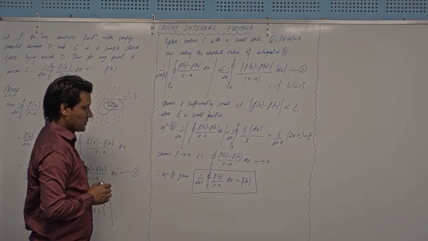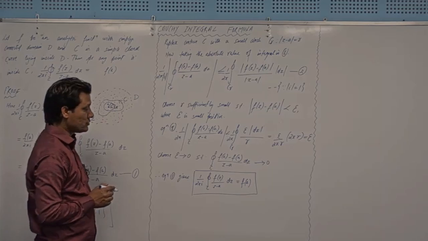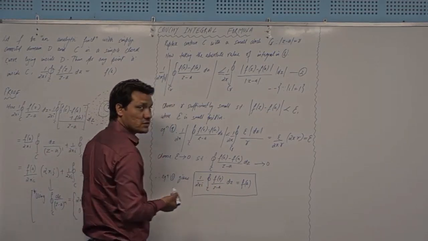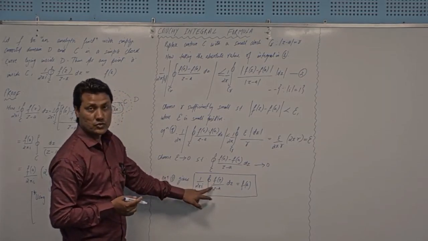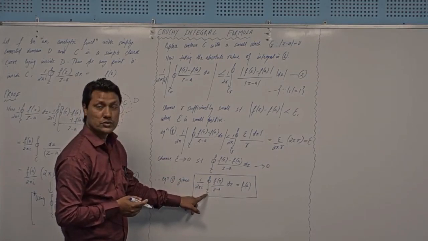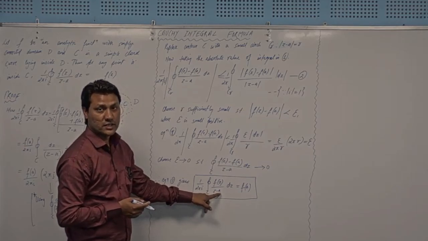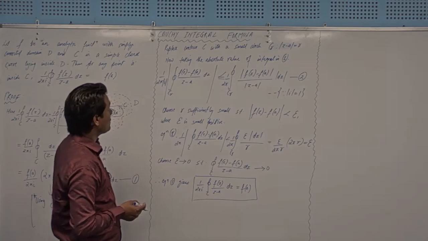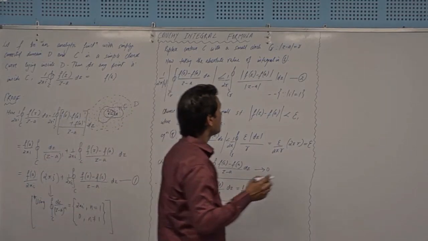The important thing about using this formula is that you need to correctly identify this analytic function f(z). This means the integrand should be written in this form: f(z), an analytic function over this contour C, divided by z minus a, where a is the singularity. Then we'll try to derive a second formula, Cauchy's second formula.